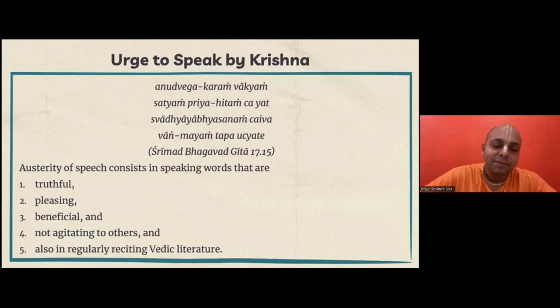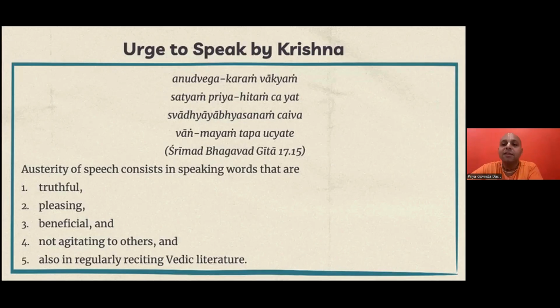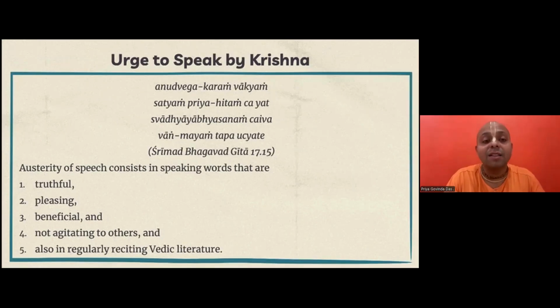First is that you should speak truthful, pleasing, beneficial, and non-agitating words. But if you cannot speak like these 4, keep quiet and read the scriptures. Another is, read the scriptures, then you will get the power to speak truthfully, pleasingly, beneficially, and non-agitatingly to others. But among all these, which are the important ones?